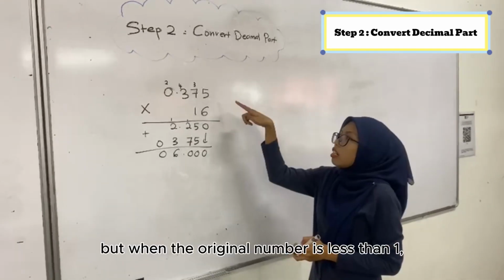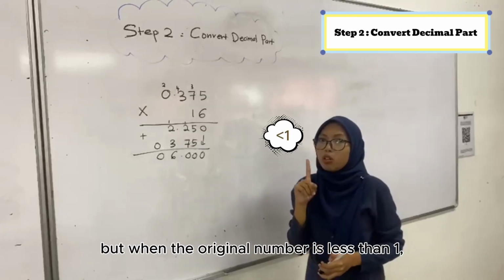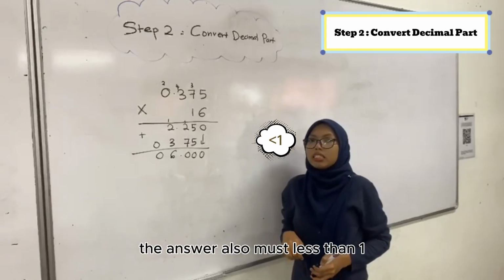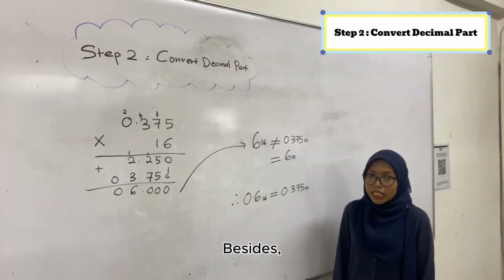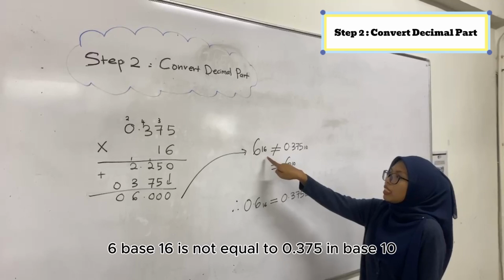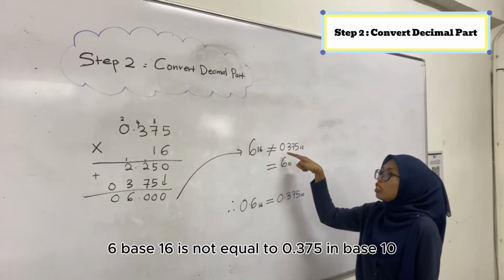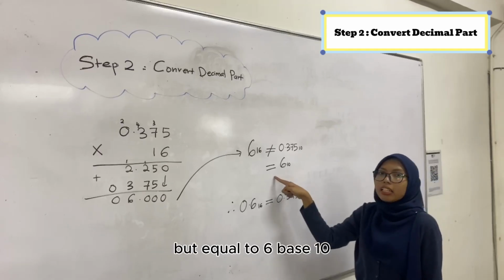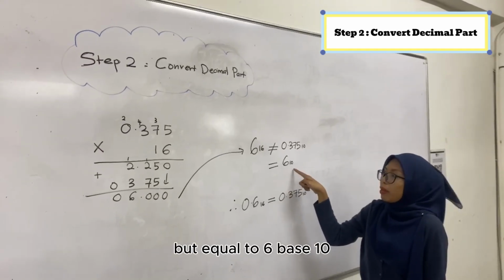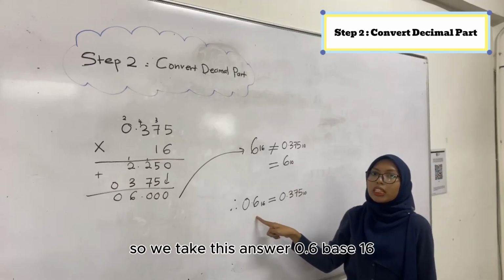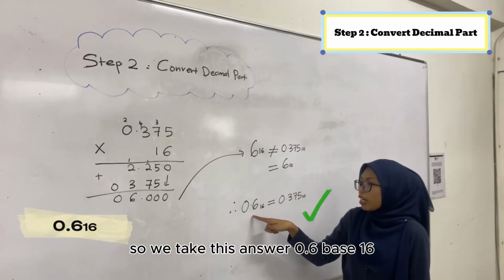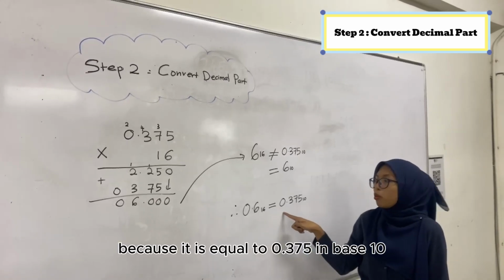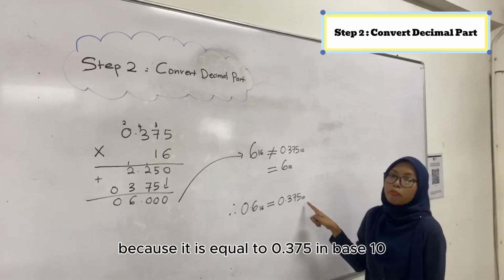But when the original number is less than 1, the answer must also be less than 1. Besides, 6 base 16 is not equal to 0.375 in base 10, but equal to 6 base 10. So we take this answer 0.6 base 16 because it is equal to 0.375 in base 10.